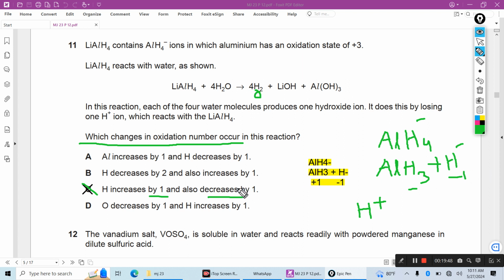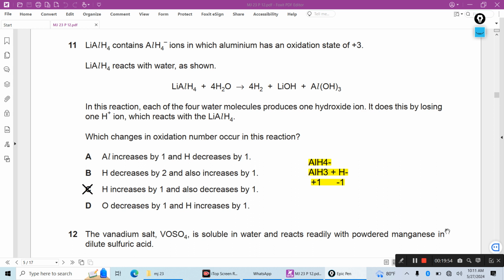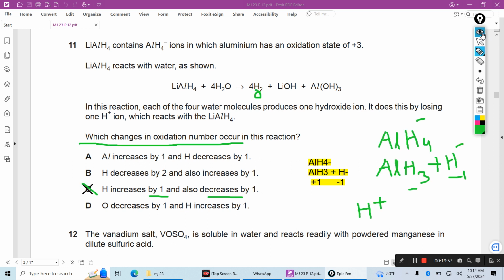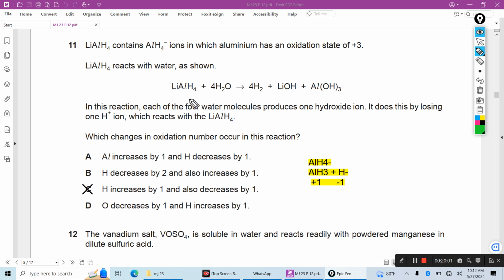So here hydrogen plus 1, here 0, here hydrogen minus 1, the hydride ion is minus 1. So hydrogen increased by 1, here minus 1 to 0, so hydrogen oxidation number increased by 1, and here plus 1 to 0, so also decreased by 1. That means hydrogen oxidation number 1 increased and 1 decreased.